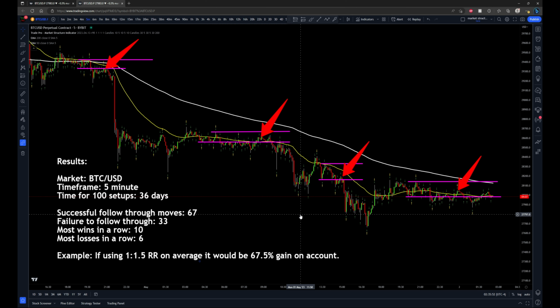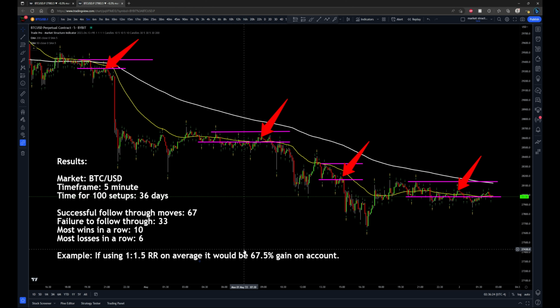Since I didn't use a strict risk to reward ratio that I can use to give this strategy a gain on the account figure like most of the other tests I've done on the channel, what I've done here is just give an example. If you had used an average of 1 to 1.5 risk to reward ratio, then you could have given this strategy a 67.5% gain on the account figure, risking 1% of your account per trade.